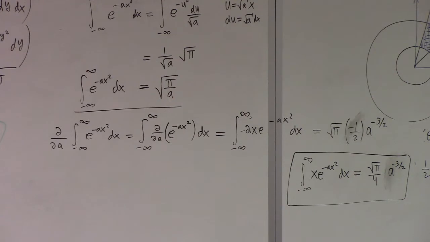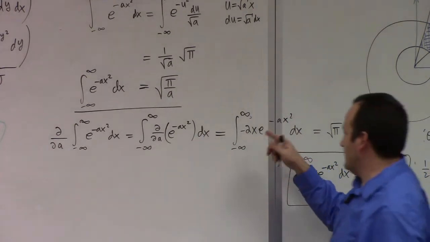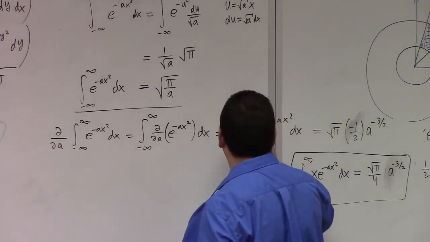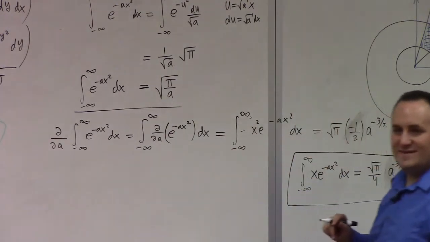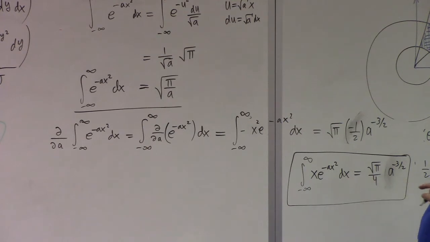Is that an x or an x squared? What's partial a of minus ax squared? It is minus x squared. That is not x, that is x squared, and there's no 2 there. It's just minus x squared. You guys talk me into something.